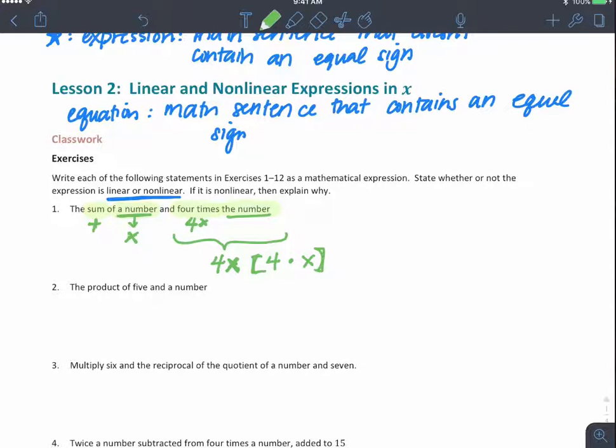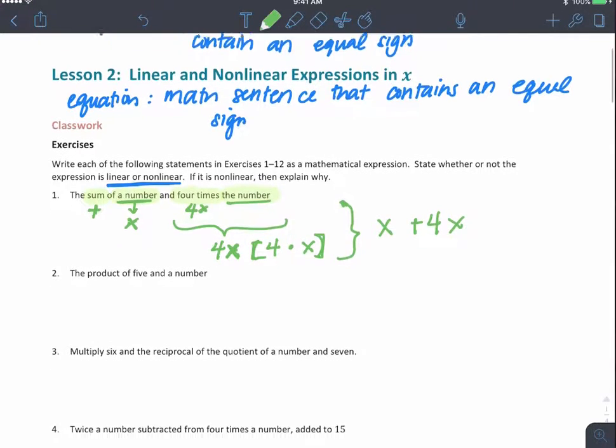Alright, so I have a number, the sum of a number, and 4 times the number. I know that 4 times the number is going to be 4x, and that the number itself is x. So therefore, my resulting expression is going to be x plus 4x.